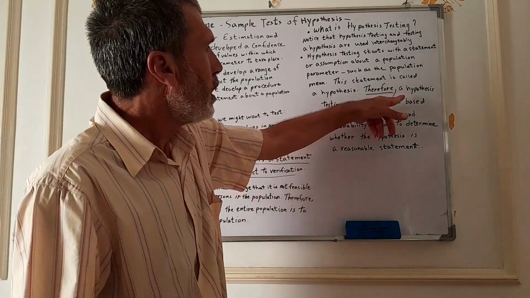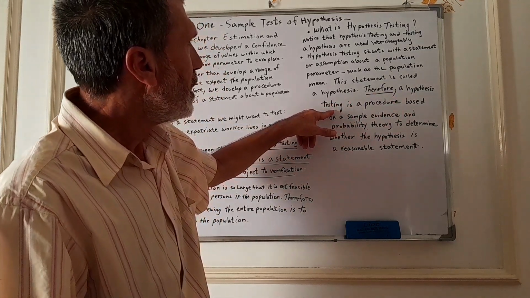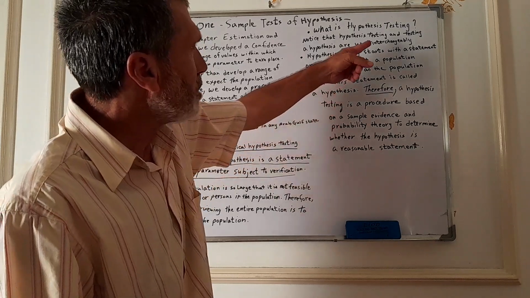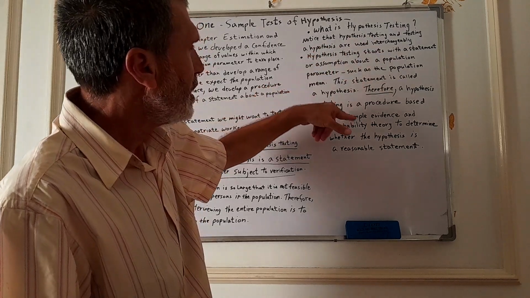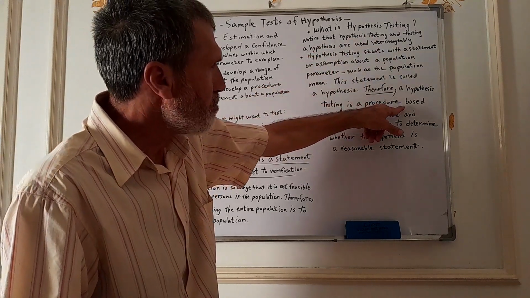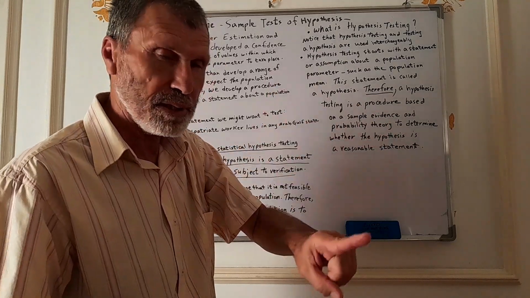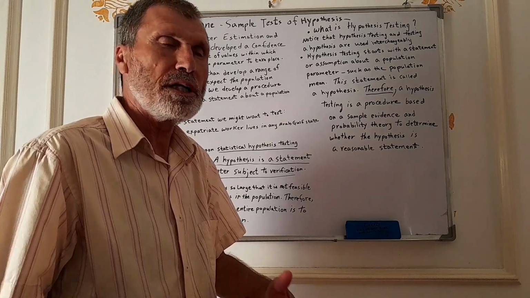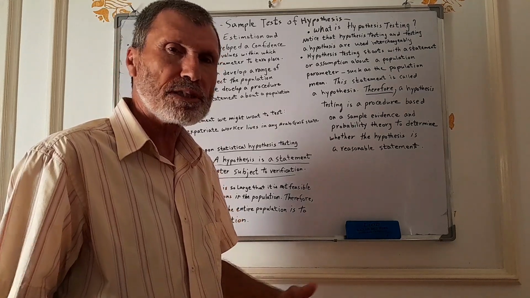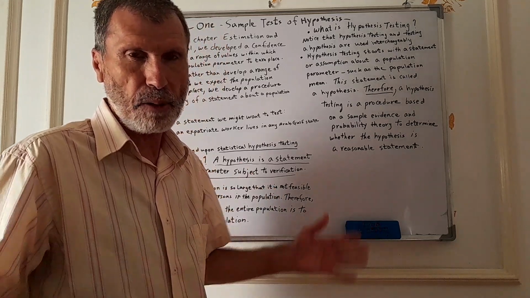So, testing a hypothesis is a procedure based on sample evidence. We need a sample because it's not feasible to interview all objects or subjects or persons in the population.